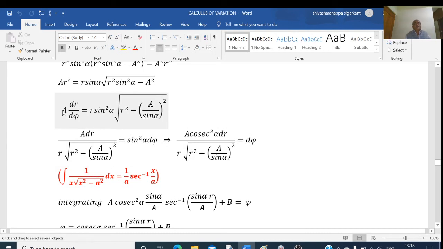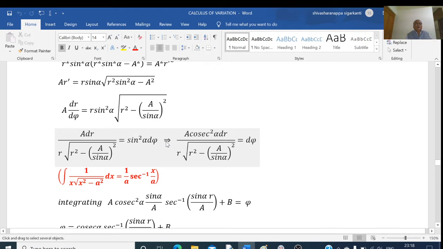That is, separating the variables, a into dr divided by, I will take this r and this root to the left hand side, r into root of r square minus a by sin alpha whole square, is equal to sin square alpha, which I will keep on the right side itself, sin square alpha into d phi.